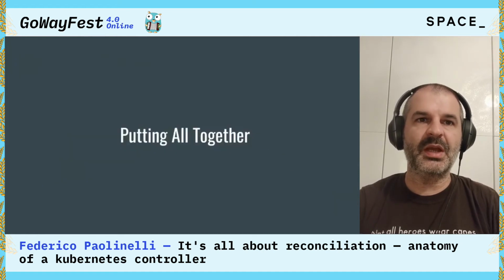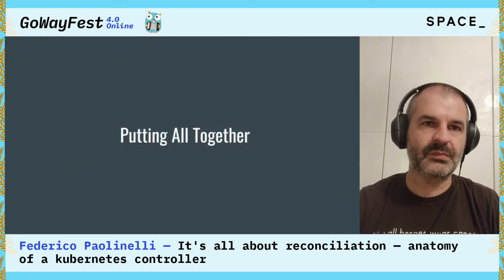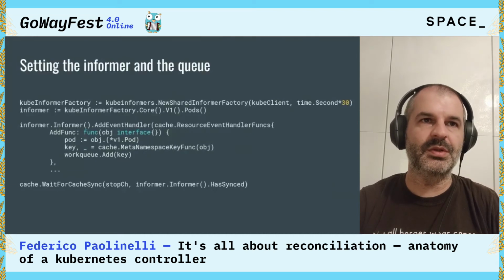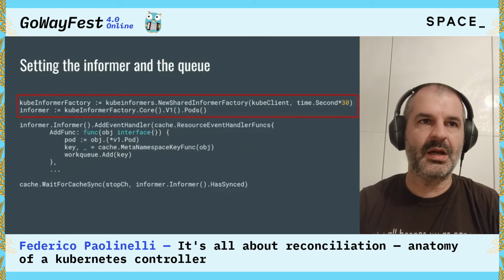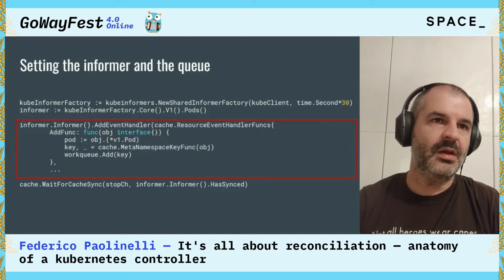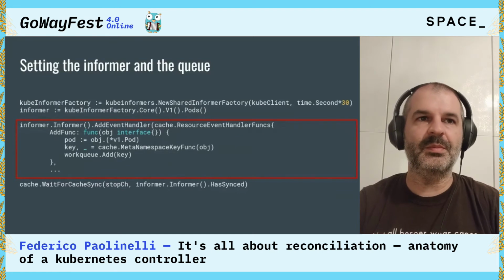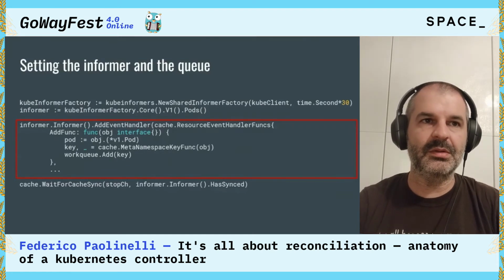So, putting everything together, the first thing we want to do is to set the informer and the queue. This is how you get the informer of your specific type, then you add the handler. In the handler, the only thing you care about is getting the queue and the key and putting the key on the queue, and then this is how you do it.